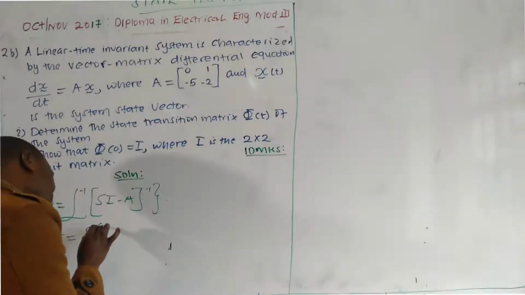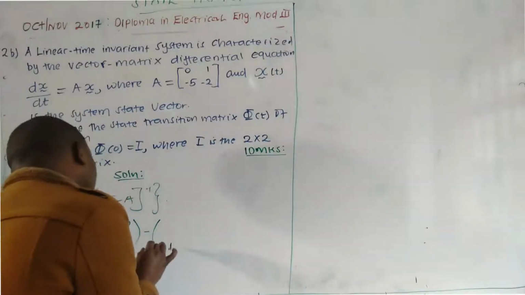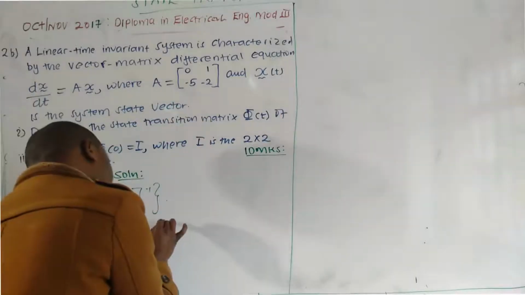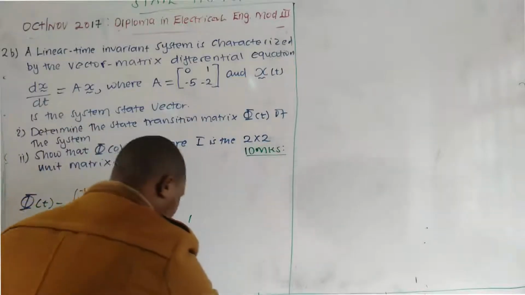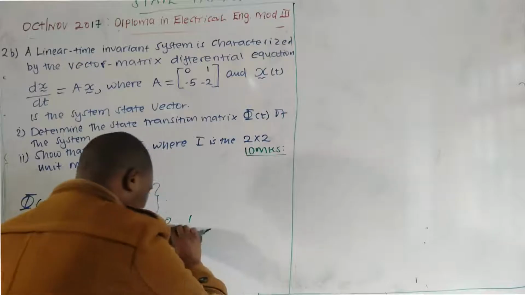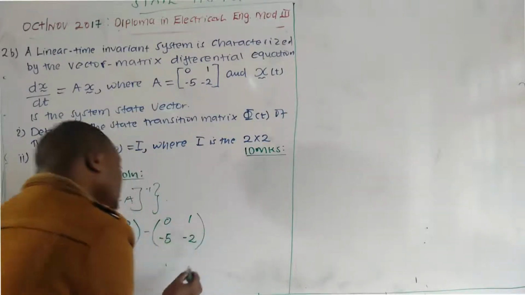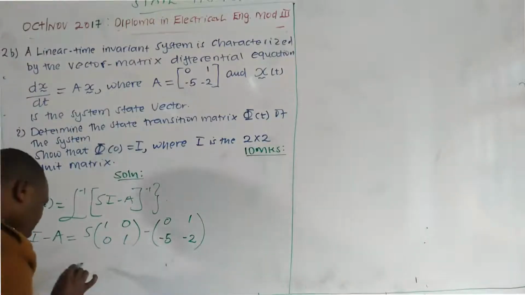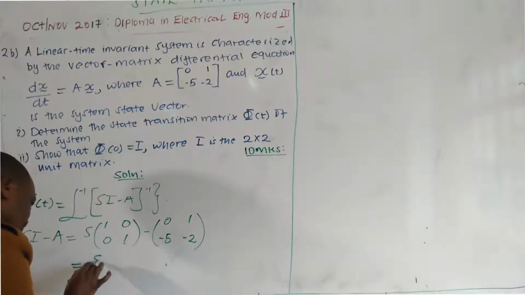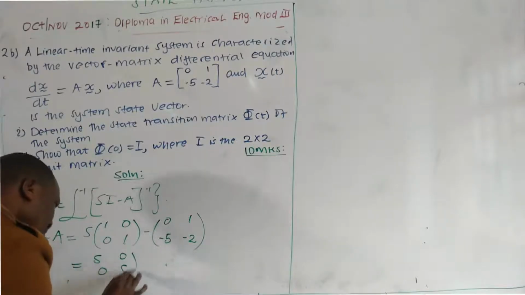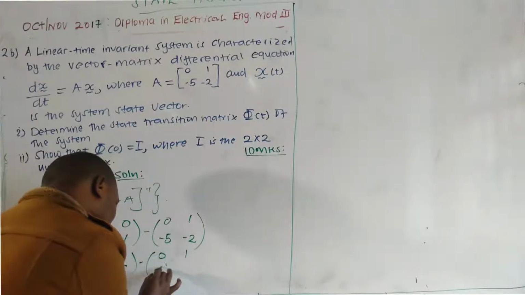So you have 1, 0, 0, 1 minus matrix A, which is 0, 1, negative 5, negative 2.